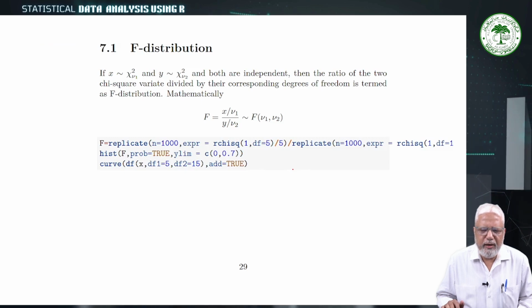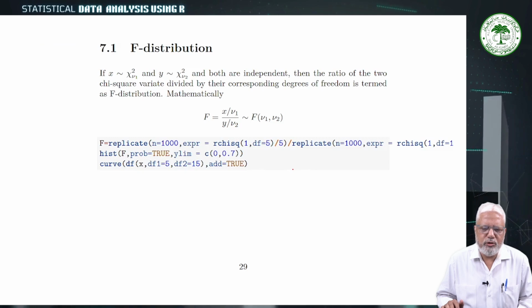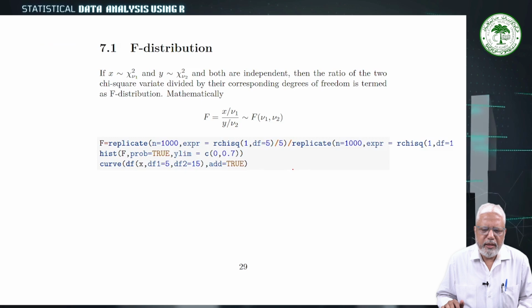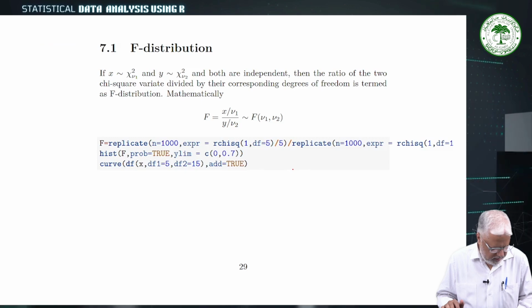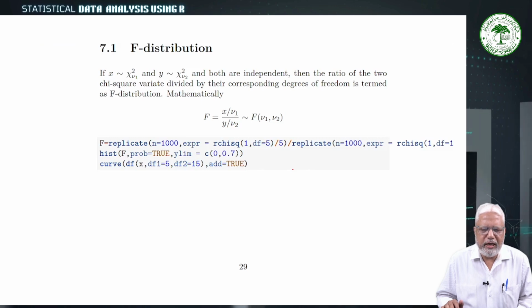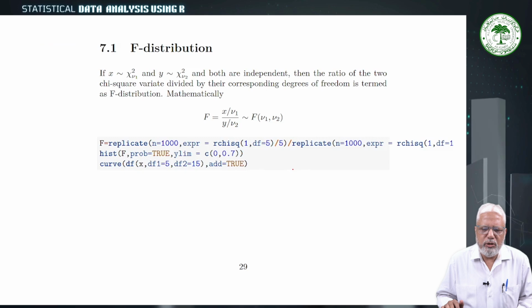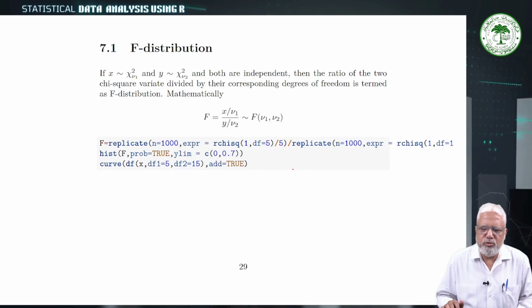Mathematically, the F ratio is X divided by nu1, where X is chi-square, whole divided by Y divided by nu2, where Y is chi-square with nu2 degrees of freedom. So, this ratio follows F distribution.